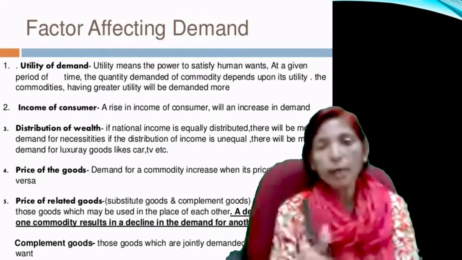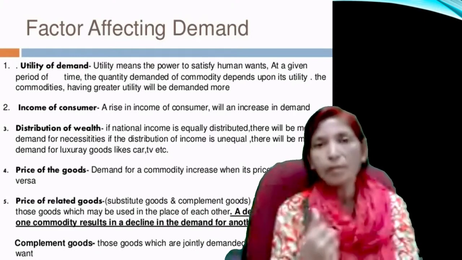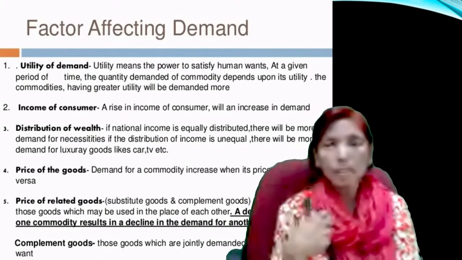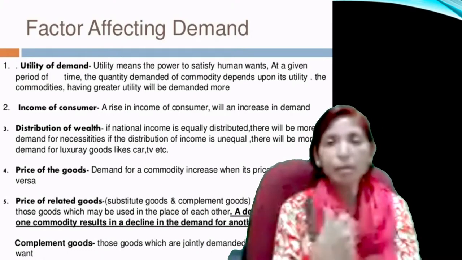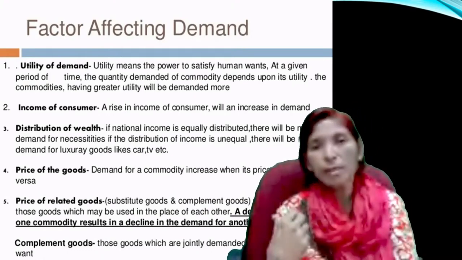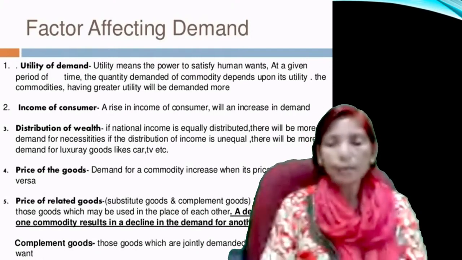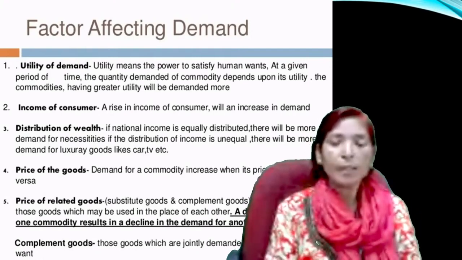So in case of complementary goods, if the price of one product rises, then demand for its complementary good falls. But in case of substitute goods, if the price of tea rises, then people will prefer to buy its substitute, like coffee. So complementary goods are always jointly demanded, and substitute goods can be used in place of each other.